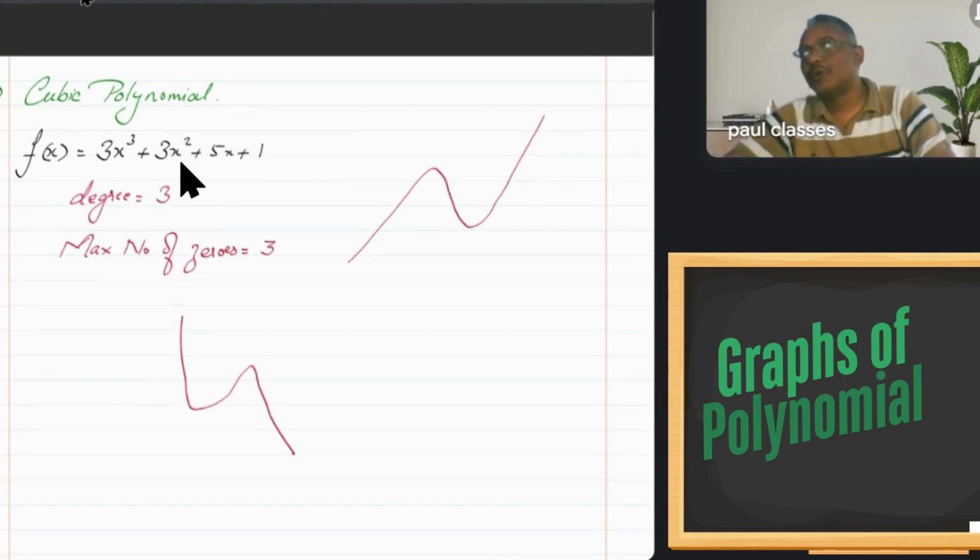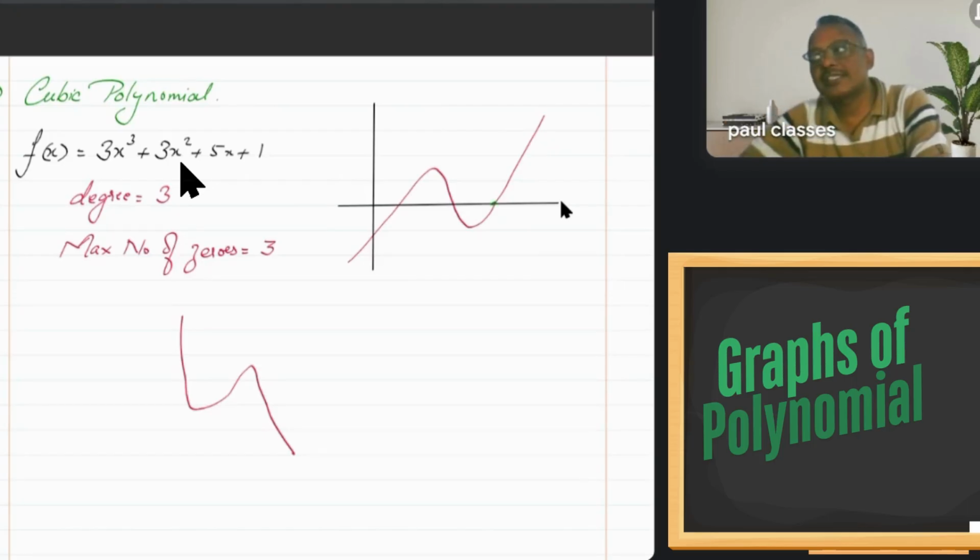Now, supposing the graph was like this and here was the y-axis, here was the x-axis, tell me how many times has it intersected? 3 points. So I'll say this graph will have 3 zeros.